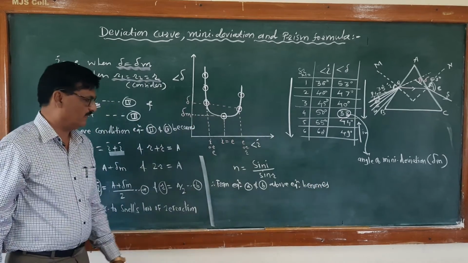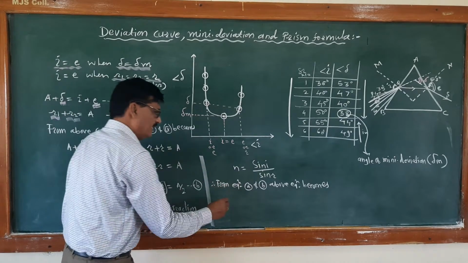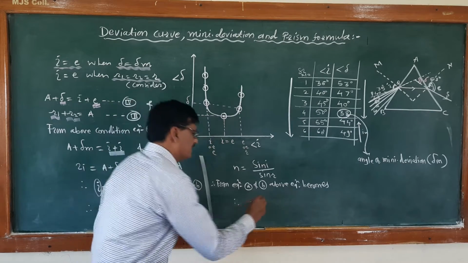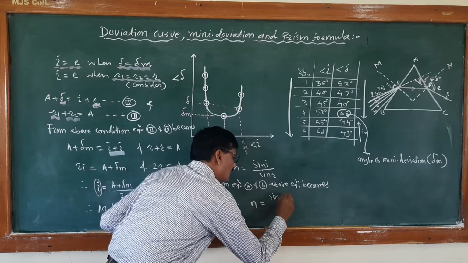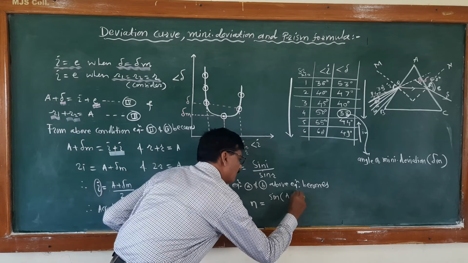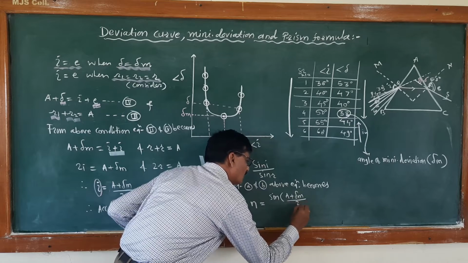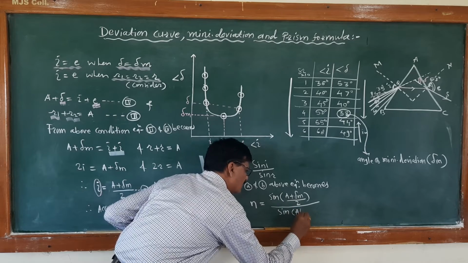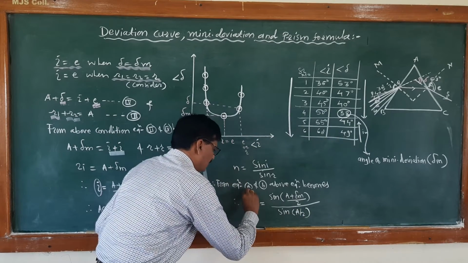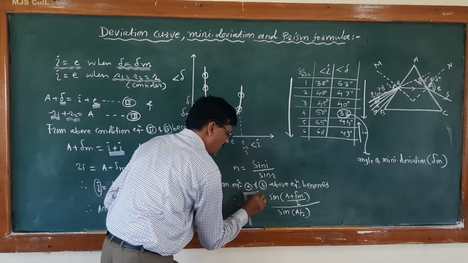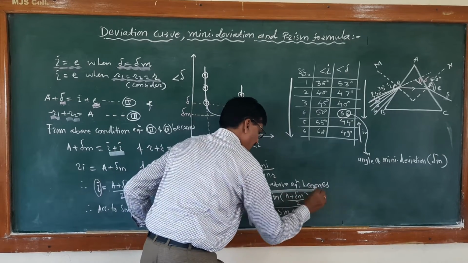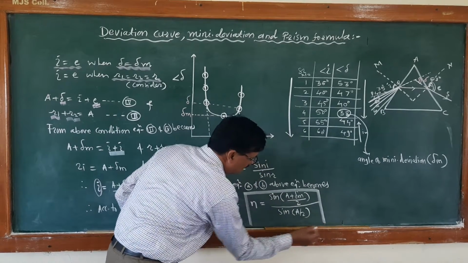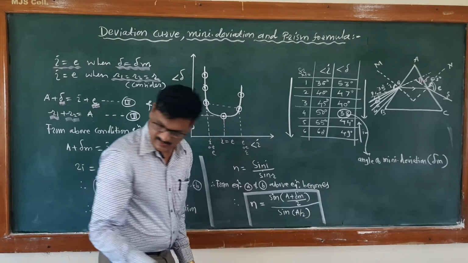from equation a and b, if you substitute the value of angle of incidence and angle of refraction in the above equation, therefore refractive index n is equal to sine of A plus del M divided by 2 whole divided by sine A by 2, and this is the required expression for the prism formula. n is equal to sine of A plus del M by 2 whole divided by sine A by 2.